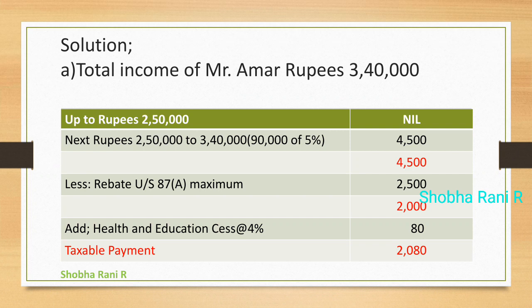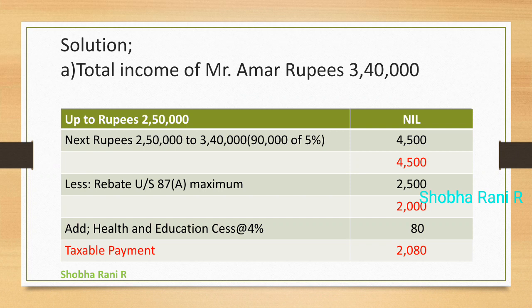Next, from rupees 2,50,000 to rupees 5 lakhs, the income tax rate is 5%. Whereas Mr. Amar's total income is only 3,40,000, we have to take the difference between 2,50,000 and 3,40,000. It comes to 90,000 rupees. On 90,000 rupees, we have to take 5%. That comes to 4,500.